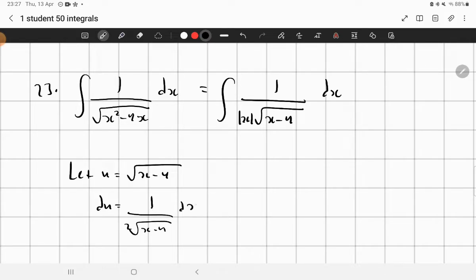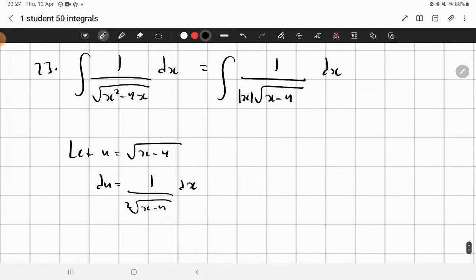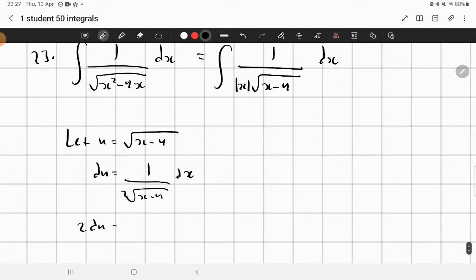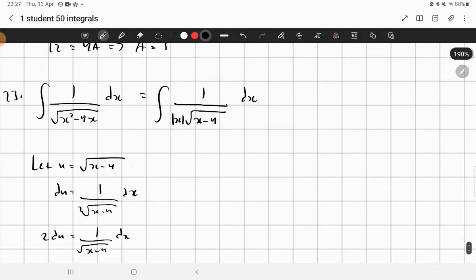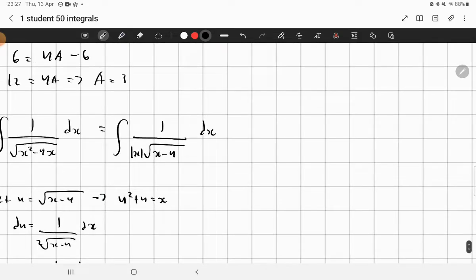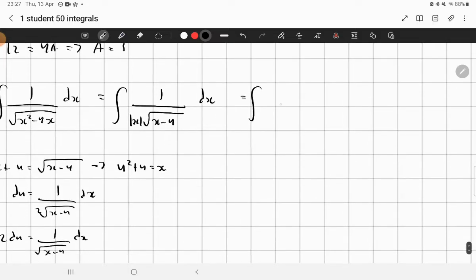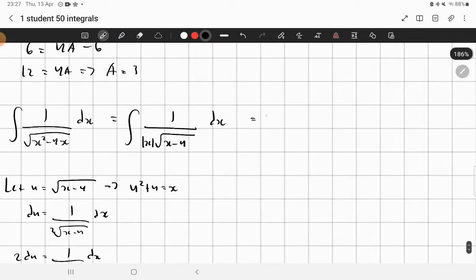Alright, I can see this would be a suitable substitution, but I have to mention the absolute value. By squaring both sides, we have u squared plus 4 equal to x. So we will have 1 over, don't forget about the 2 outside, 1 over that as well of u du.